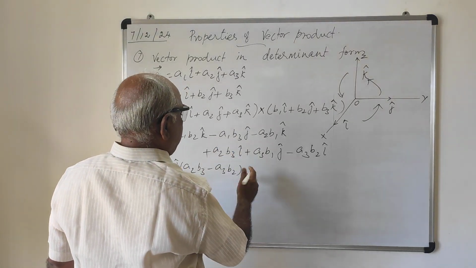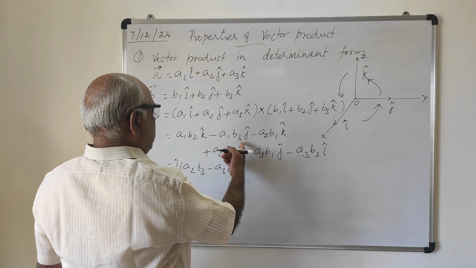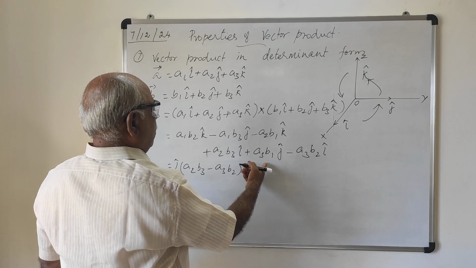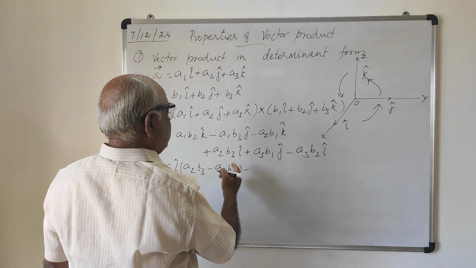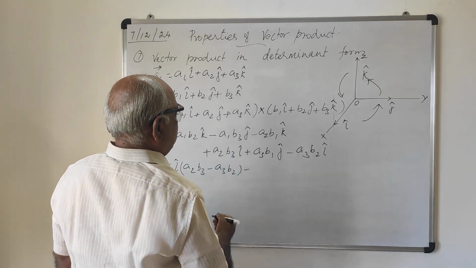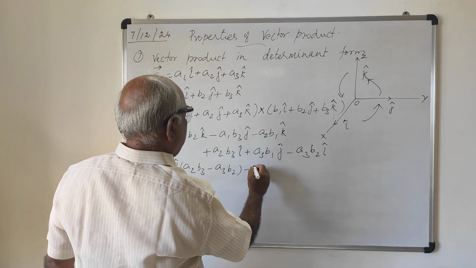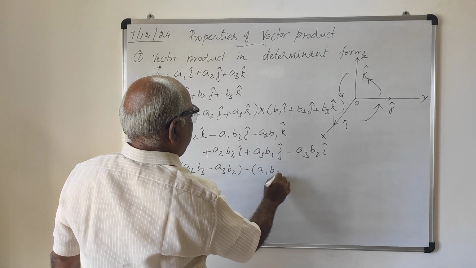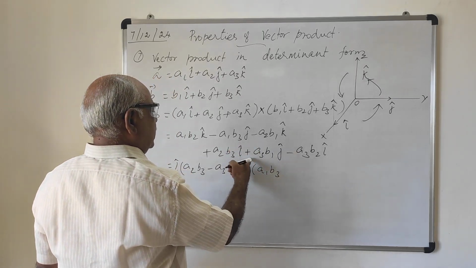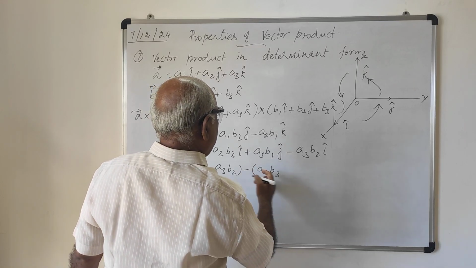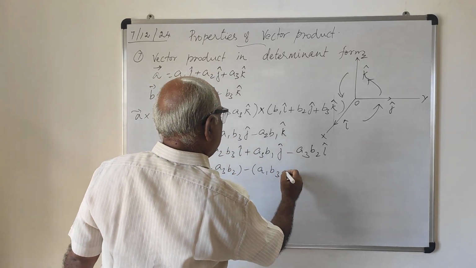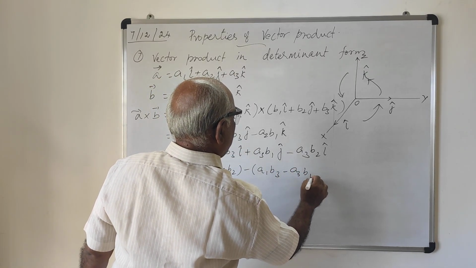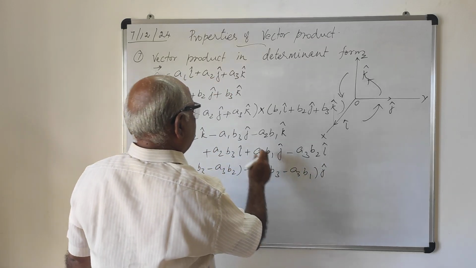Similarly, j: if you take minus outside, minus A1 B3 plus A3 B1, so minus (A1 B3 minus A3 B1) into j.